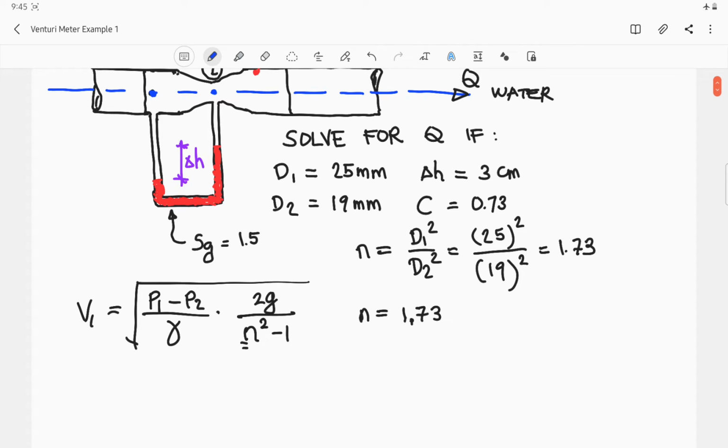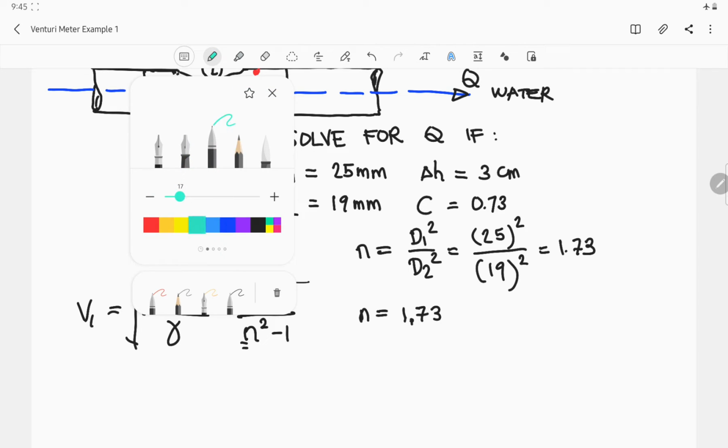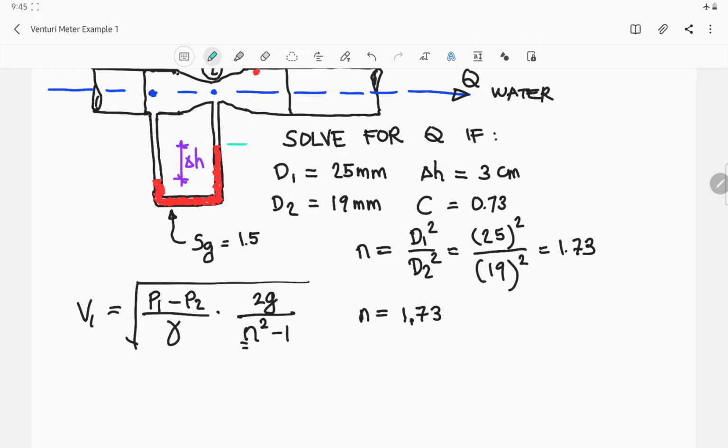Please follow with me. We will start at point 1. We will assume this height here. We don't know that height, so we'll just put it as y.